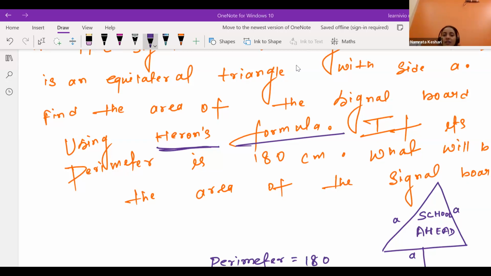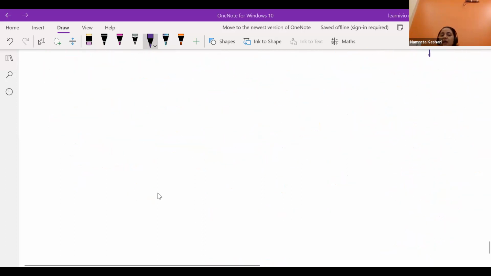If we have an equilateral triangle with each side a centimeter, each and every side, of course, is the same, so it is a. And the information we have is that the perimeter of this triangle is 180 centimeter. Can we find the side? Yes, ma'am.